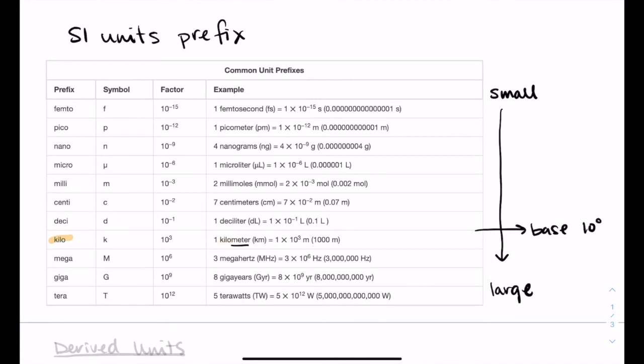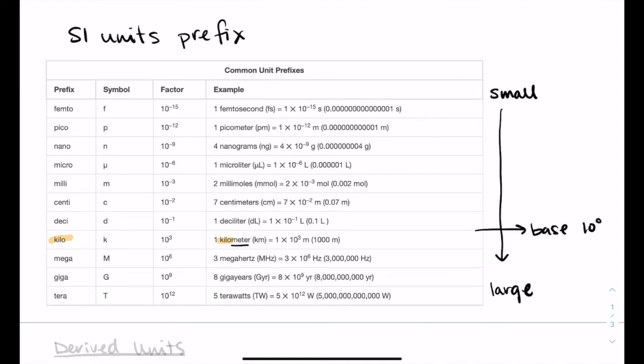So they were working with a length unit, so we could also work with kilometers, right? And there would be 1,000 meters in 1 kilometer. All of these prefixes will come up as we're going through and looking at numbers of different magnitudes.